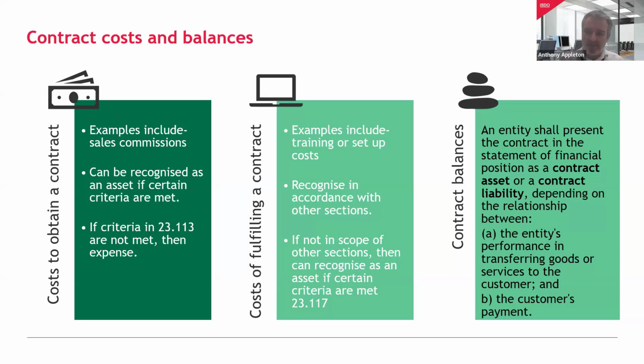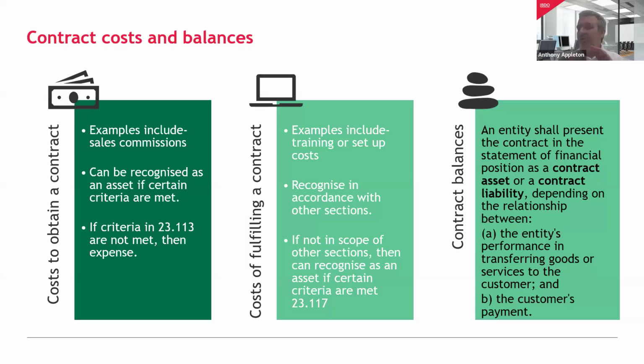Importantly, there's a distinction here between a contract asset and a trade receivable, because obviously with a trade receivable, that also arises when you've done the work but not yet been paid. The difference between the two is it's only a contract asset while you're in a period where there's still more for you to do before you can bill them, but you have done something.